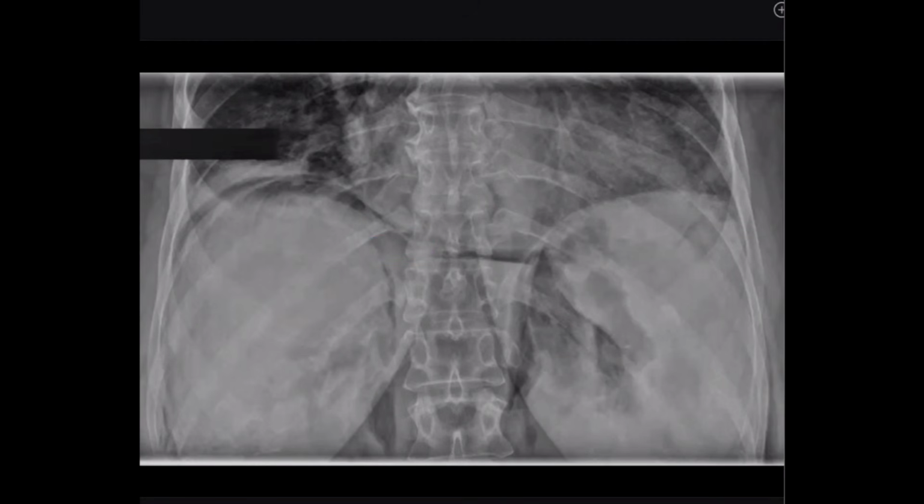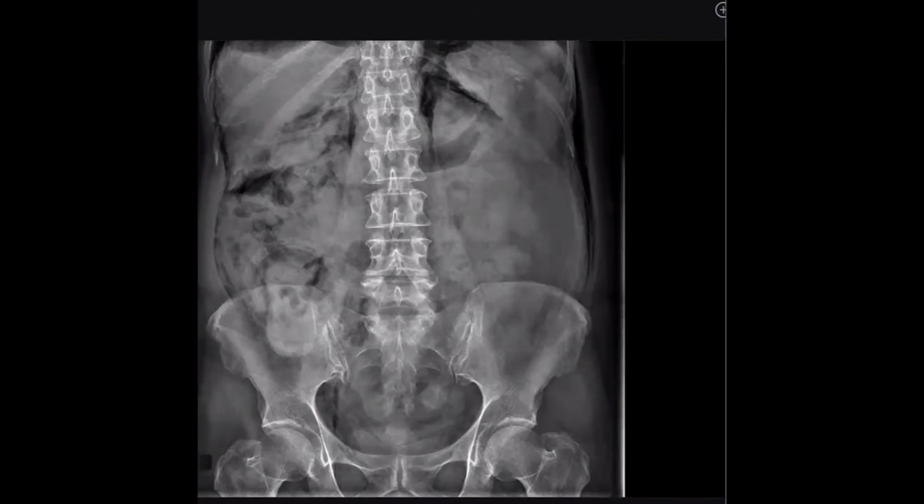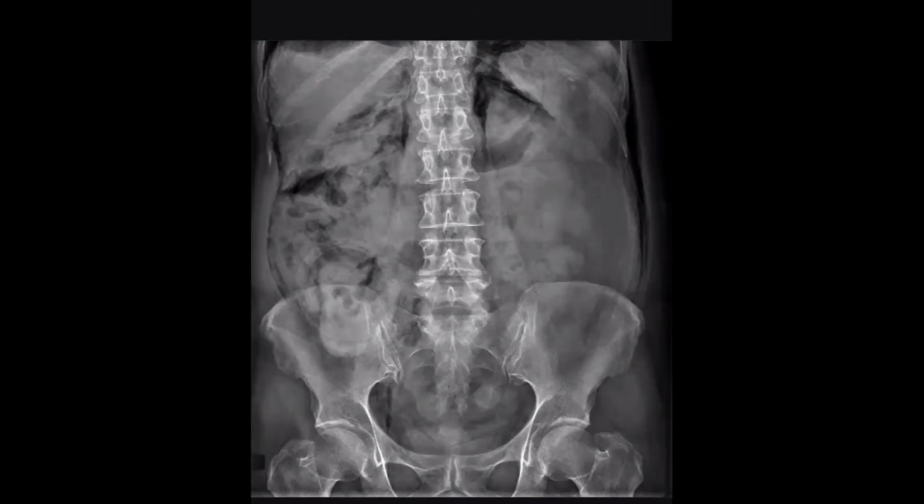Sir, the possibilities include, for pneumoperitoneum, most likely perforation of any hollow viscus. Let's focus on the retro-pneumoperitoneum. It can be due to emphysematous infection, but gas was not seen within the pelvicalyceal system. So it can be due to perforation of a retroperitoneal organ, such as perforation of the ascending or descending colon.